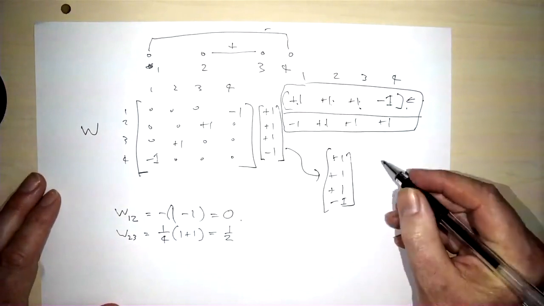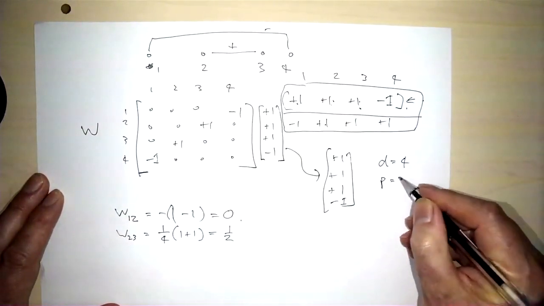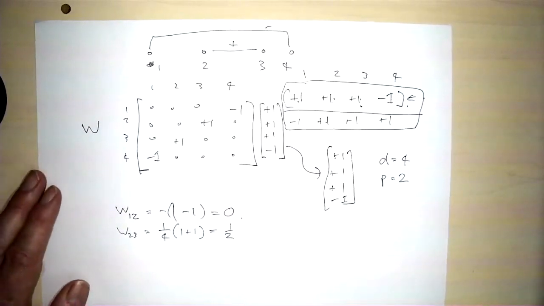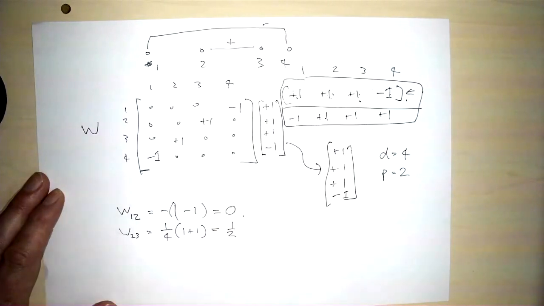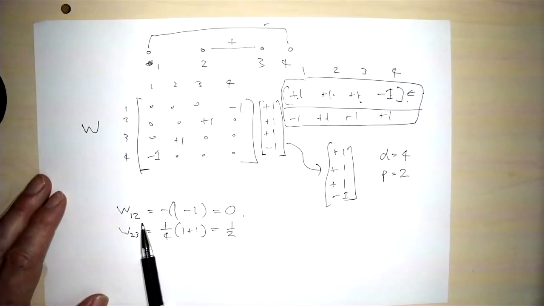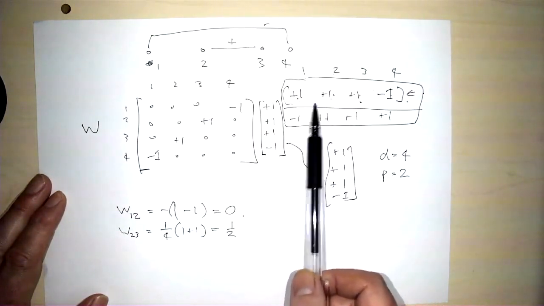So in this case, D, which is the number of neurons, is 4, and P, which is the number of patterns, is 2. And so if we want to calculate this matrix, if we want to calculate W12, we look at neurons 1 and 2 in each pattern.